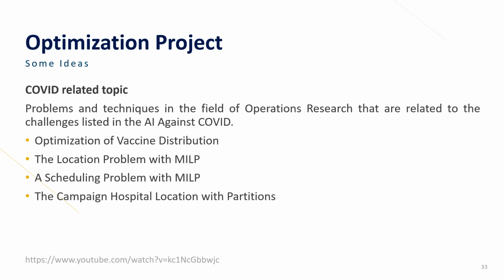If you have ideas on how to apply OR and AI techniques to help decision making related to COVID problems, you can follow the competition. For example, how to optimize vaccine distribution, select the location of vaccine facilities, and schedule the crew, which is pretty much related to this course.